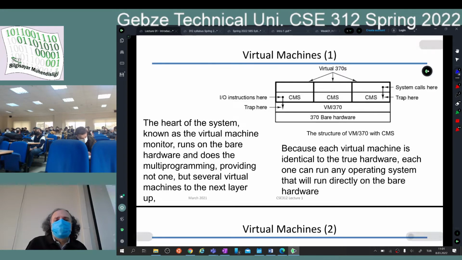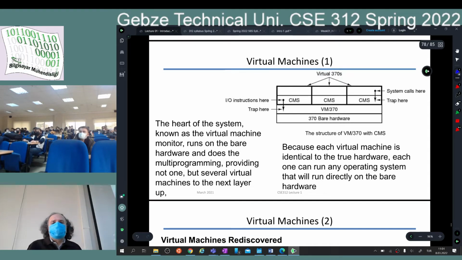So this is a very simple layer over the hardware. It takes requests from the upper layer, handles them, gives them back, and does some scheduling and some memory management. But the more detailed parts of the operating systems are handled by this one and that one. So these are called virtual machines.